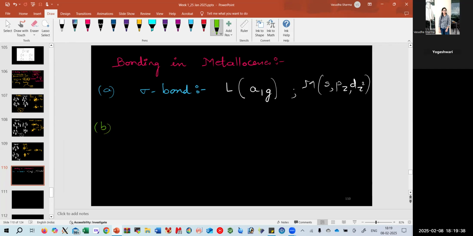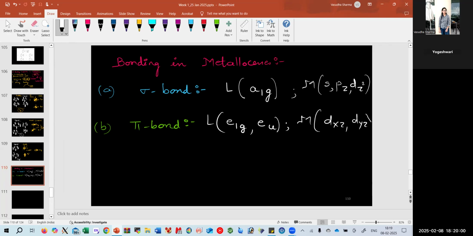And the pi bond, which is ligand E1G and EU with metal DXZ, DYZ for E1G, and for EU it is with PX and PY. I hope this is clear. If there is any doubt, please let me know. That's an important part.